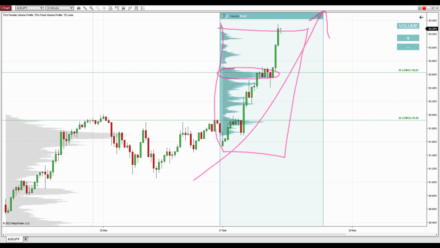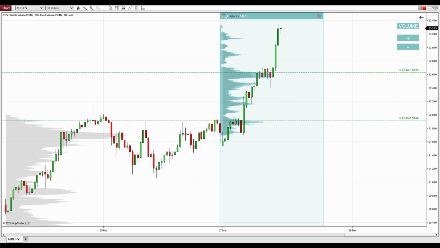So when there's a pullback to this zone again, the buyers from this place will want to become active again, defend their longs, defend this zone, and push the price upwards from there again. That's why it should work as a strong support.